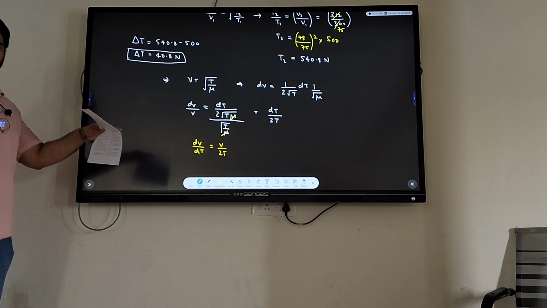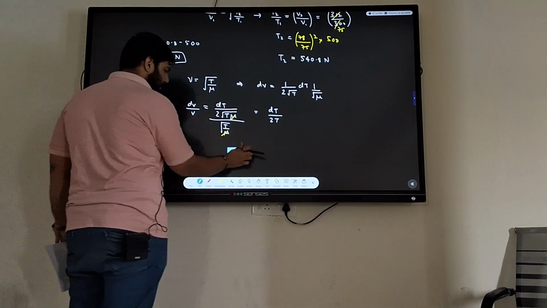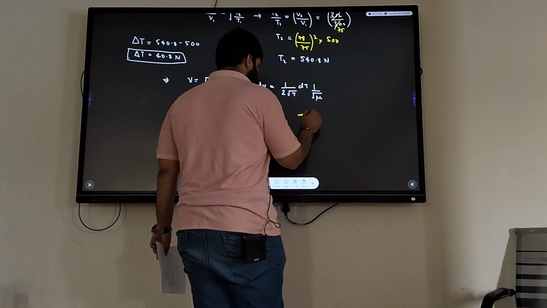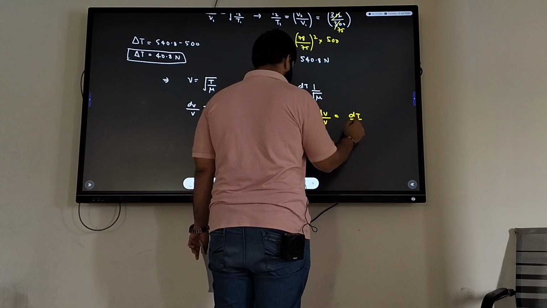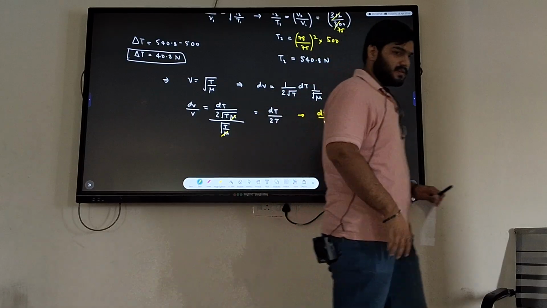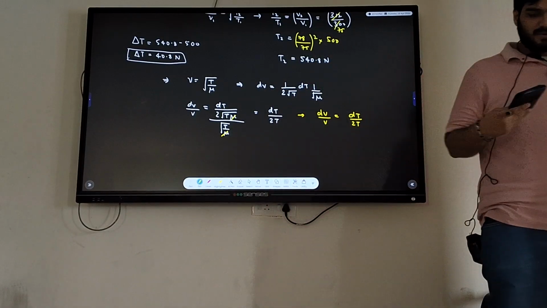How will I go forward? Integrate? Actually, not integrate. This dT already represents a change.